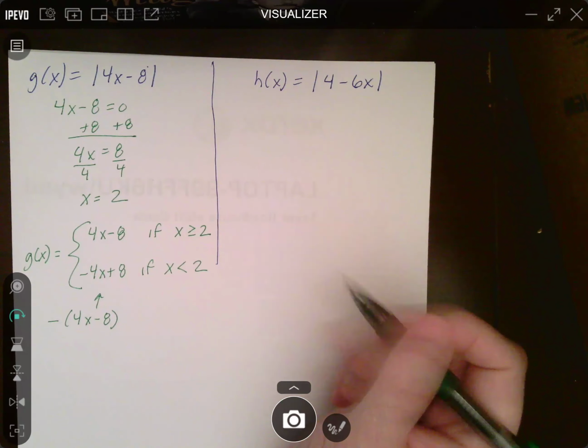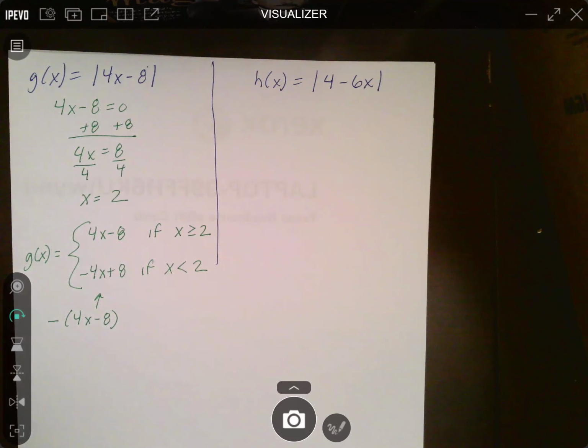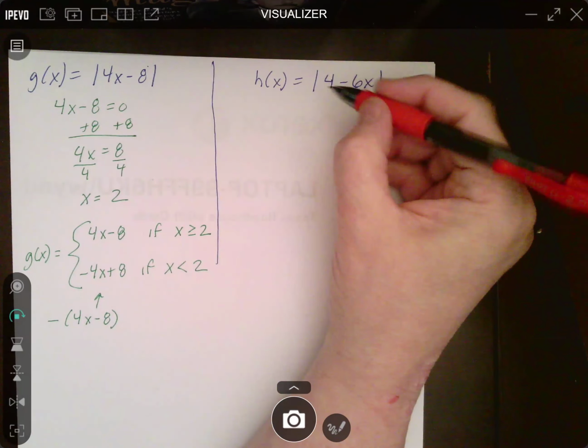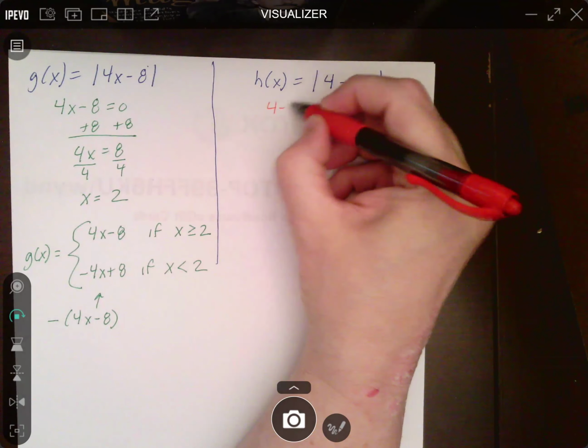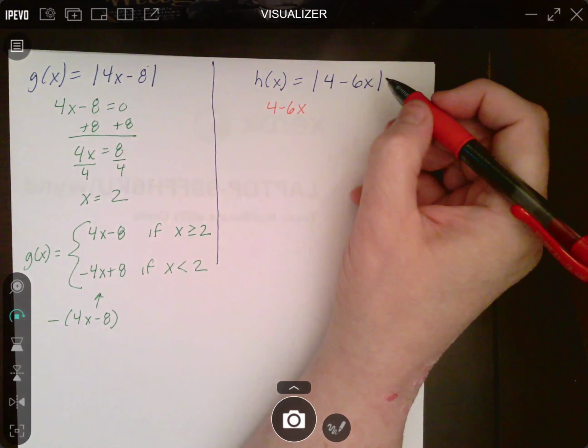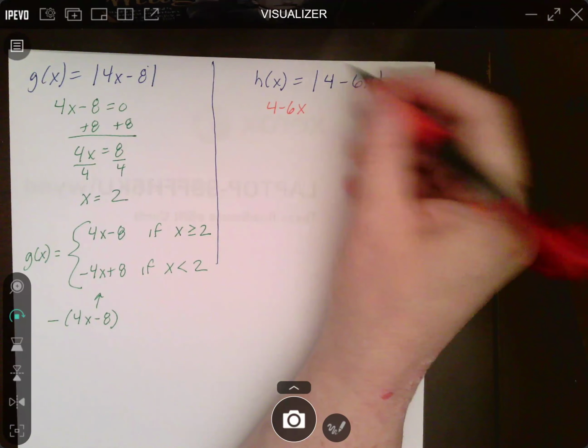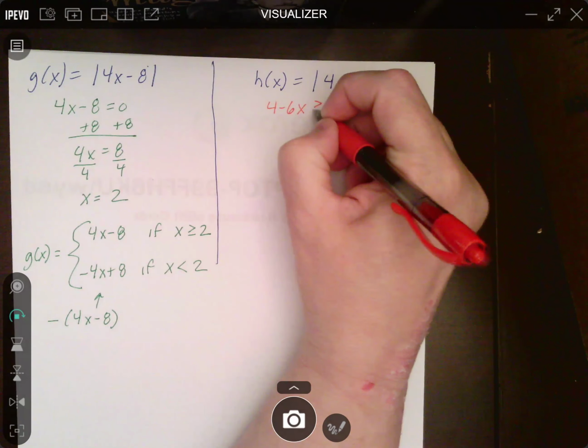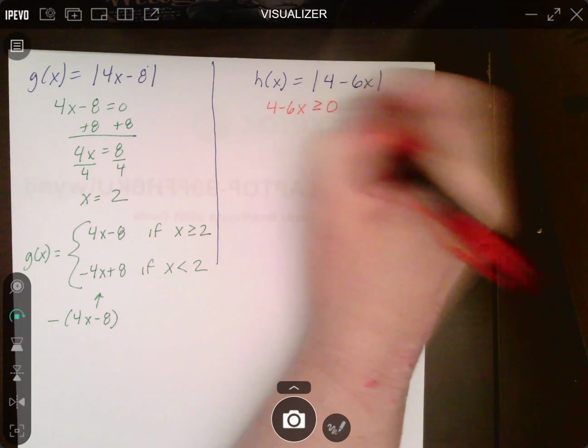All right. We'll come over here. We'll do the same thing with this one. We're going to do 4 minus 6x. I'm going to use the inequality sign to represent the top one.